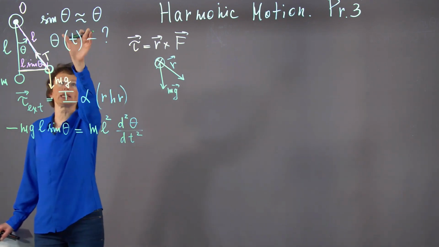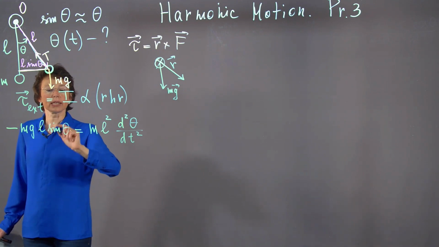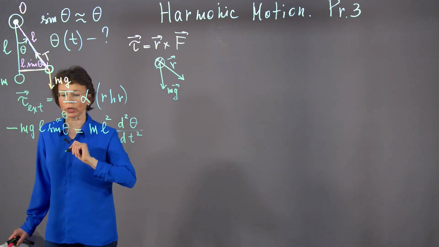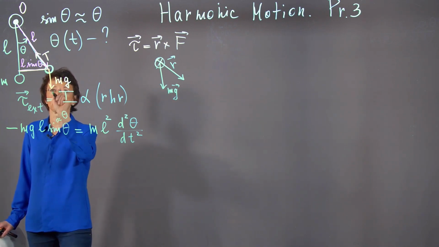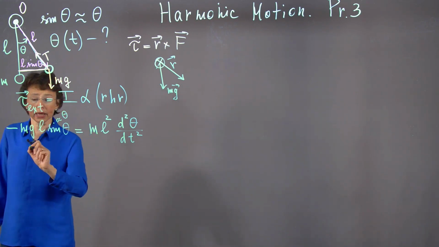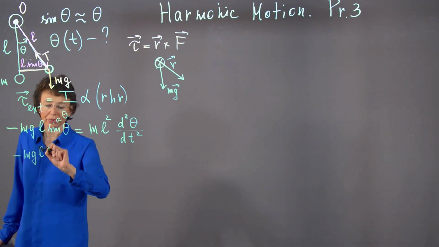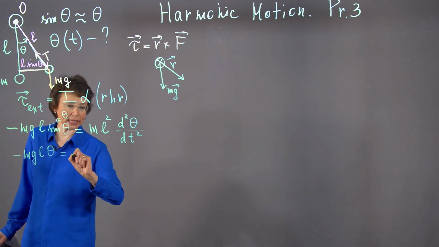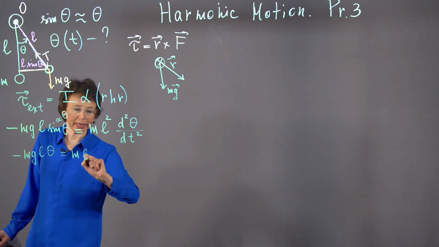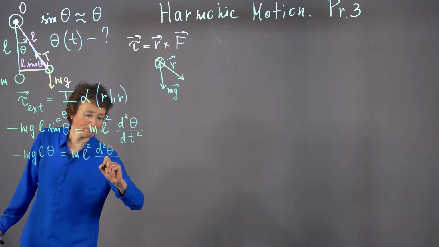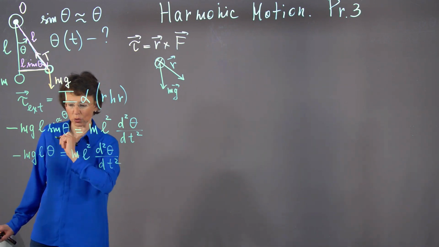Now I use my small angle approximation: sine theta is approximately theta for small angles, and we solve this problem only for small angles. What I get is minus mgL theta is equal to m L squared d2 theta by dt squared.